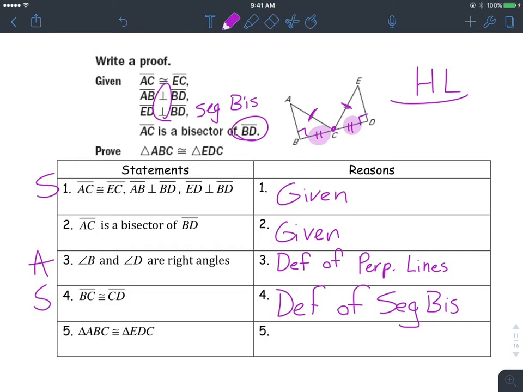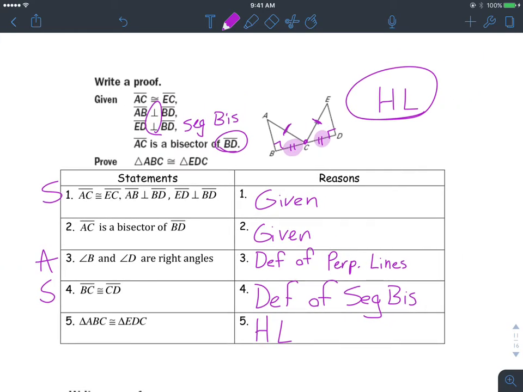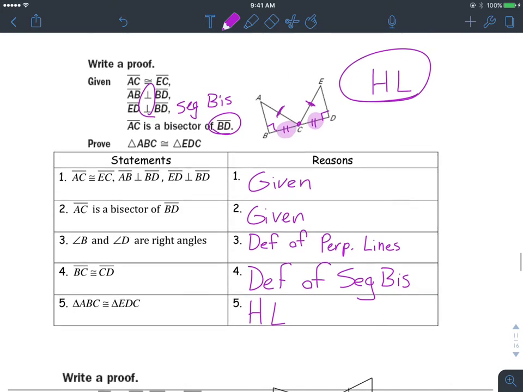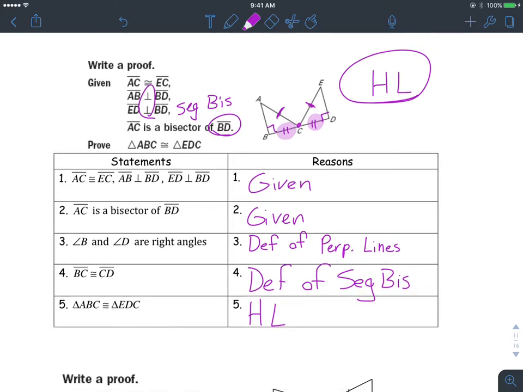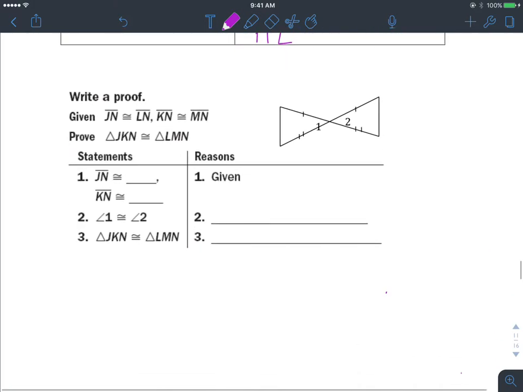But remember, this is a specific case of side angles, hypotenuse leg, triangle congruence right there. So anyways, be kind of careful there on that. That's kind of a tricky one there. The trickiest part is using HL instead of doing side angles. So, all right, write a proof. Here we go.